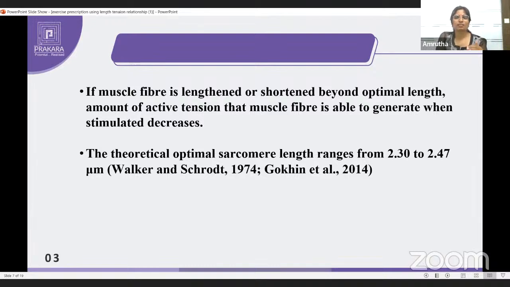So resting will be something less than this, something around 2 to 2.05 micrometers might be the resting sarcomere length. So optimal sarcomere length is slightly higher than the resting sarcomere length. We'll get back to the previous point once I'm done with the graph.